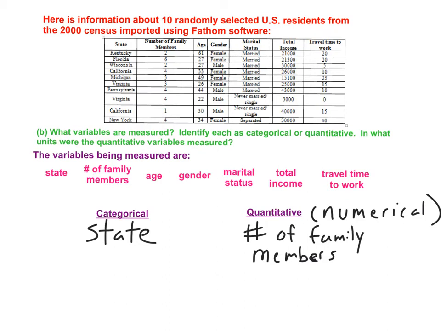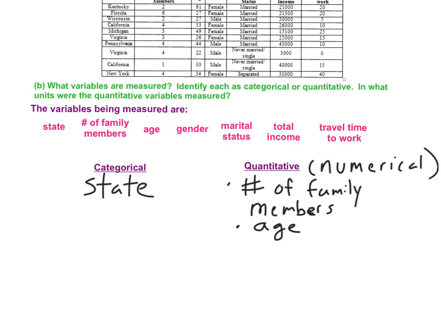Let's keep going. I'm going in order left to right here. Age. I should bullet point these so you can tell them apart. Gender. That's going to take us back to categorical. Marital status.